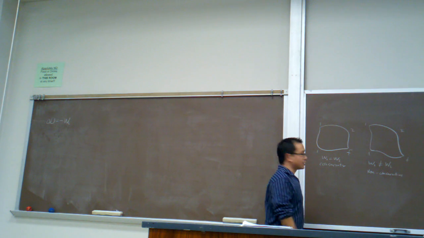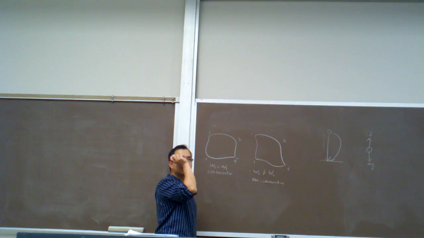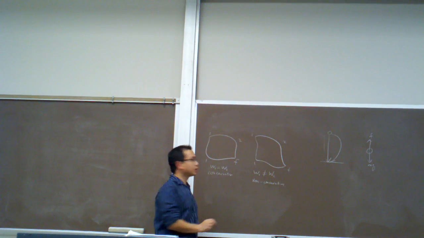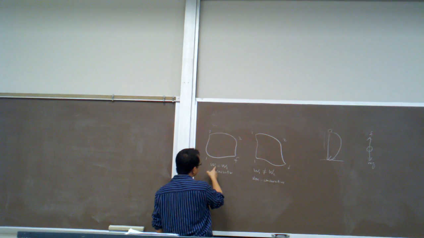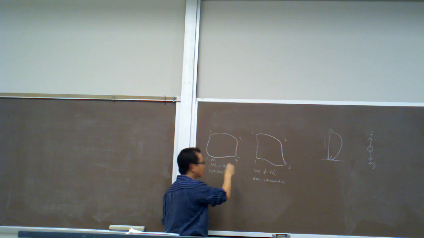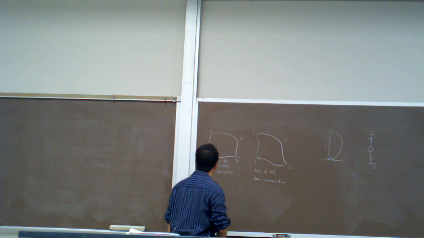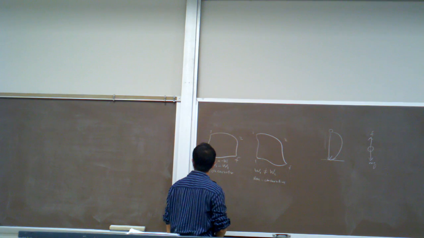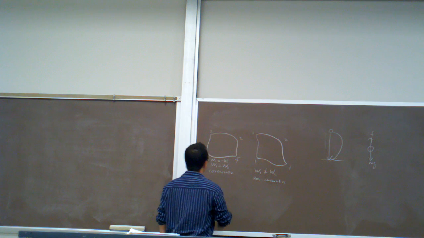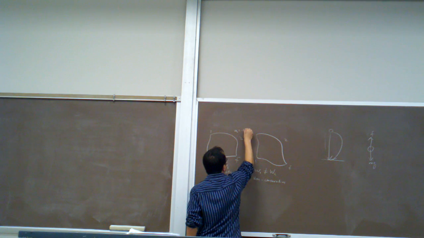So let's think about this. Consider if you have a conservative force, and say in this case, W1 along path 1 equals negative 30 joule, and W2 here also negative 30 joule.